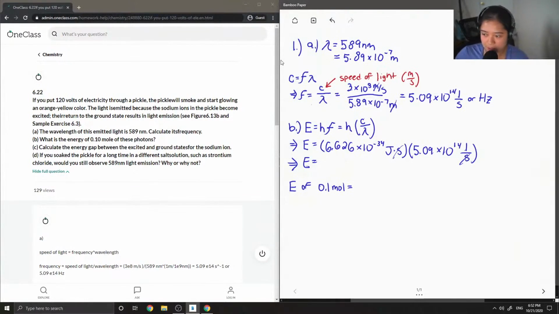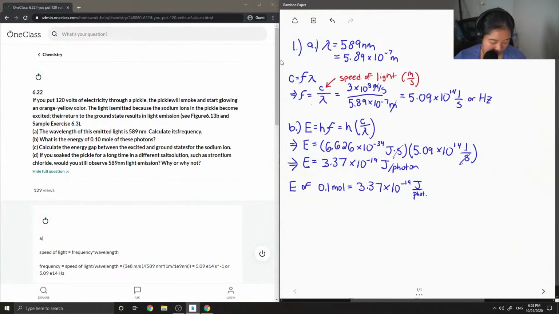Okay, so multiplying Planck's constant by frequency will actually give you 3.37 times 10 to the negative 19, and this is in joules per photon. So let me write that down here. We have our 3.37 times 10 to the negative 19 joules per photon.